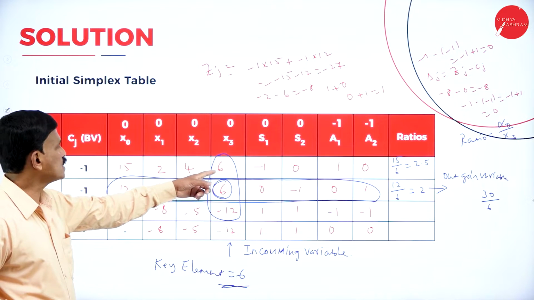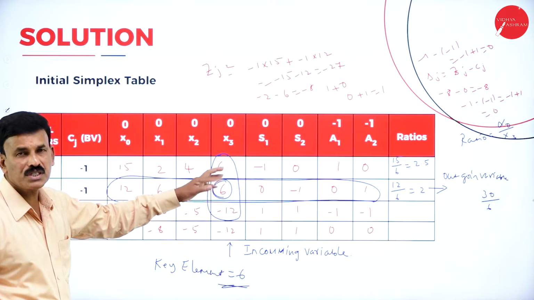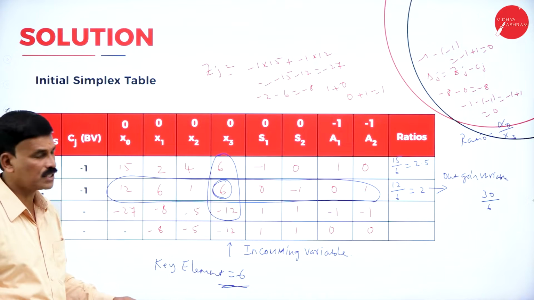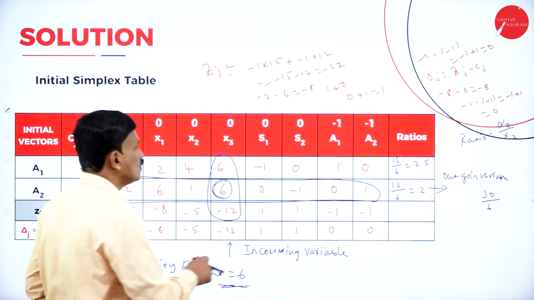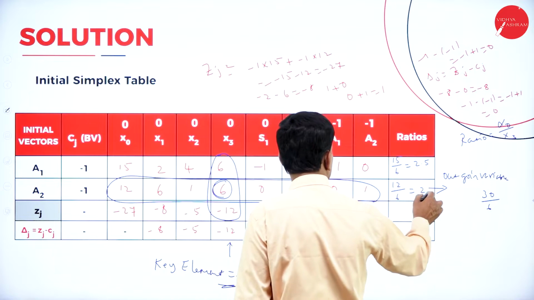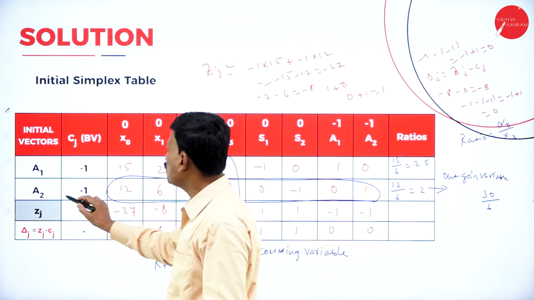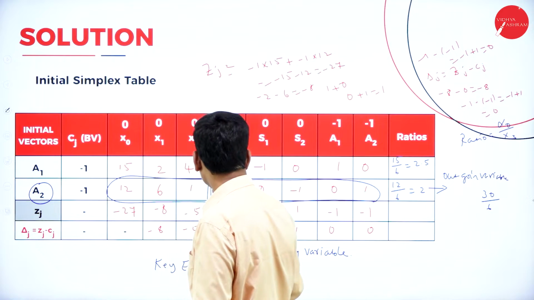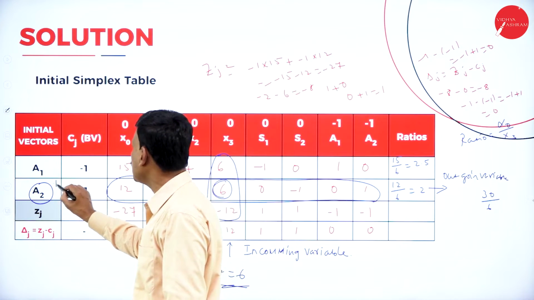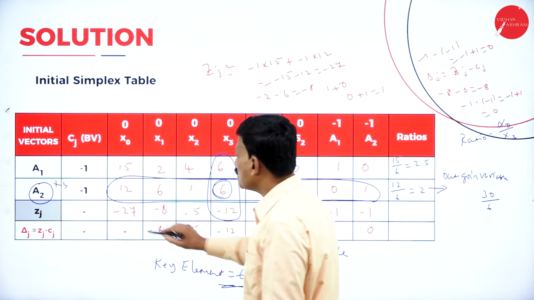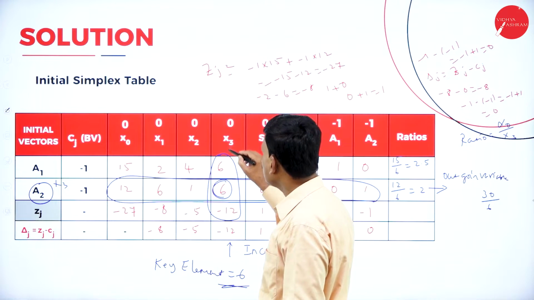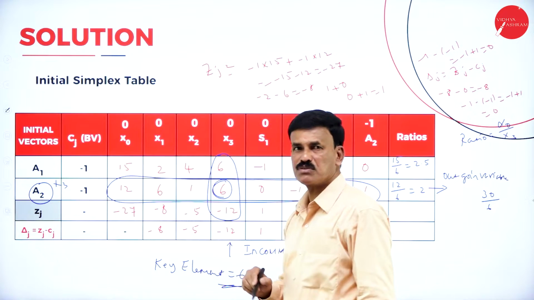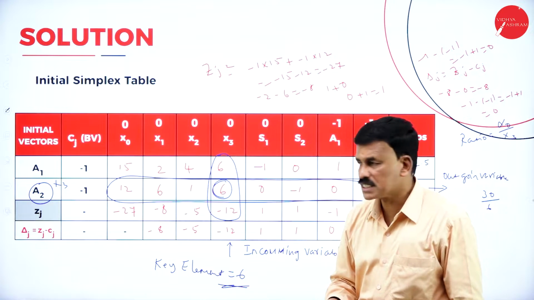Then convert the other 6 to 0 using the elementary row operation. The outgoing variable is A2, and this A2 is replaced by the incoming variable x3. Those are the steps we perform in the next iteration table.